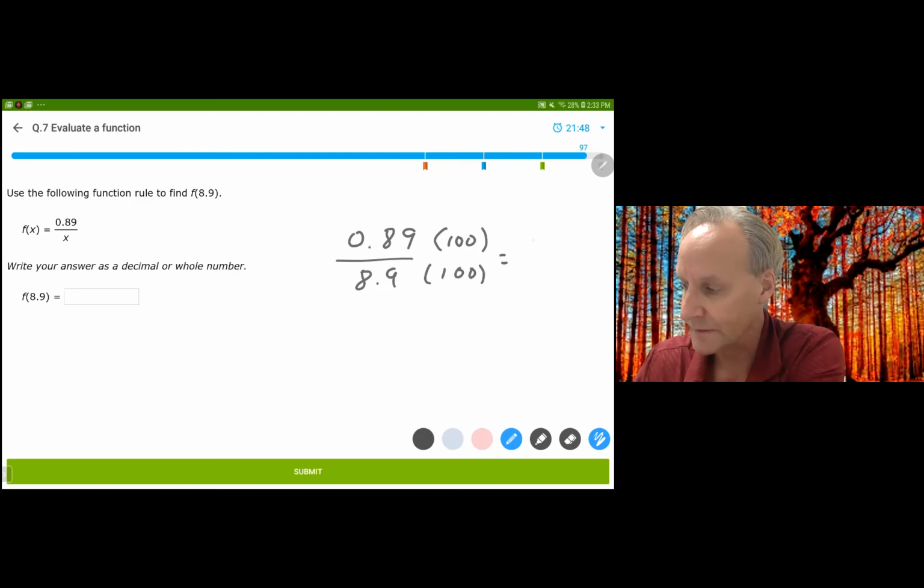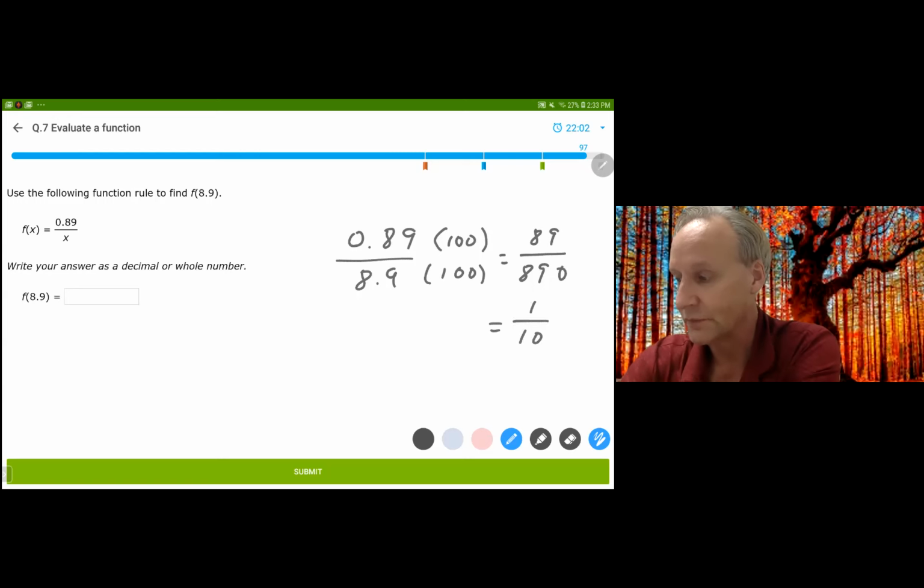If I multiply this by 100, I get 89. And if I multiply this by 100, I get 890. And when you divide by 89 in the numerator and denominator, you get 1 over 10, don't you? Because when you divide by 89, you get 1, and divide by 89, and you get 10.